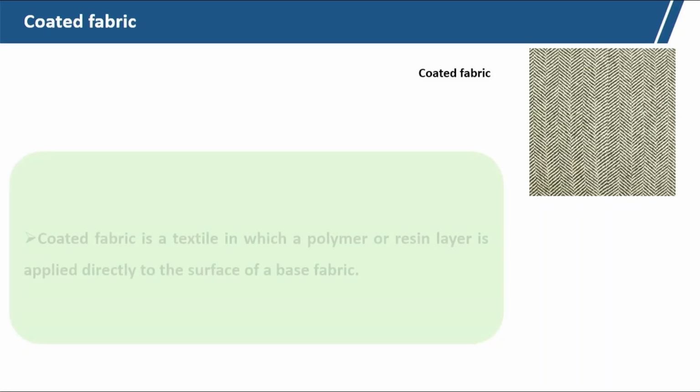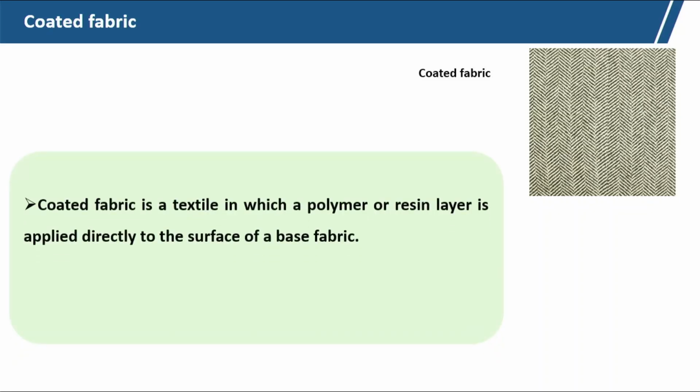Now, after laminated fabric, the next category is coated fabric. So, coated and laminated are a little bit synonymous, but there is a little difference. The coated fabric is a textile in which polymer or resin is applied directly to the surface of the base fabric.